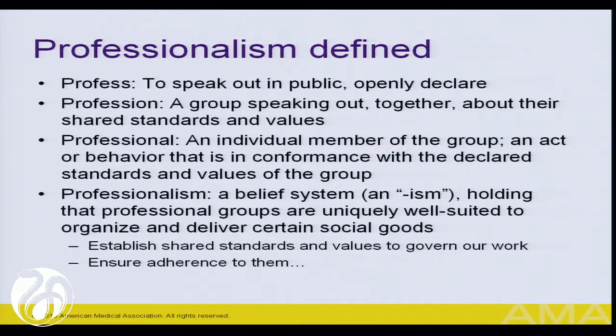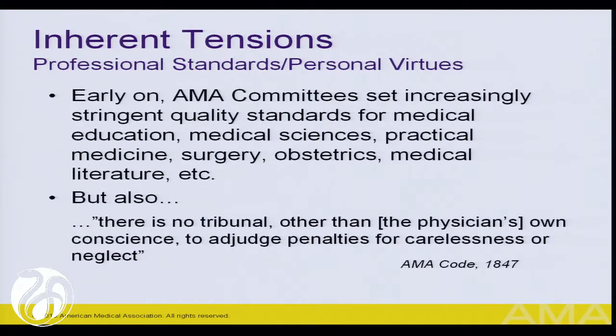But I want to just note, to get our conversation started about professional autonomy, that establishing shared standards and values to govern our work and ensuring our shared adherence to our shared promises sets up a series of important tensions. So the AMA ran into this within a decade of its creation in 1846-47, where they set up a series of committees to set practice standards.